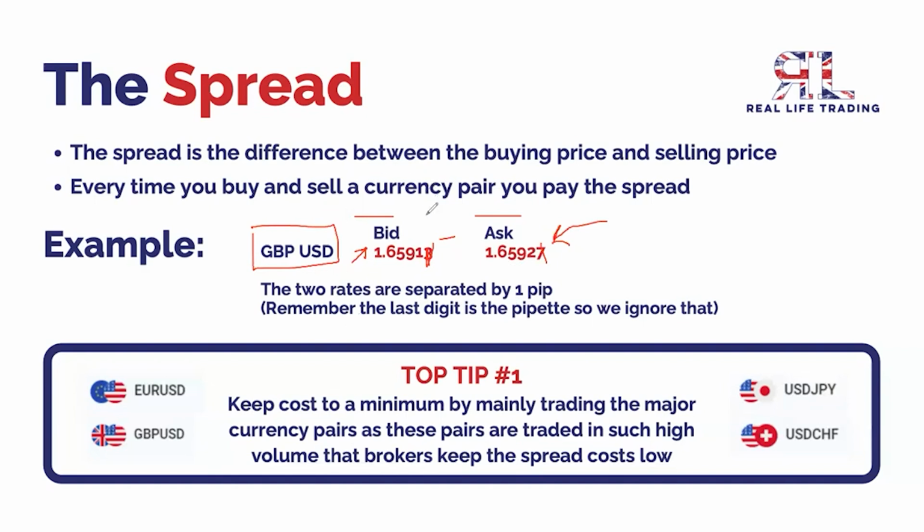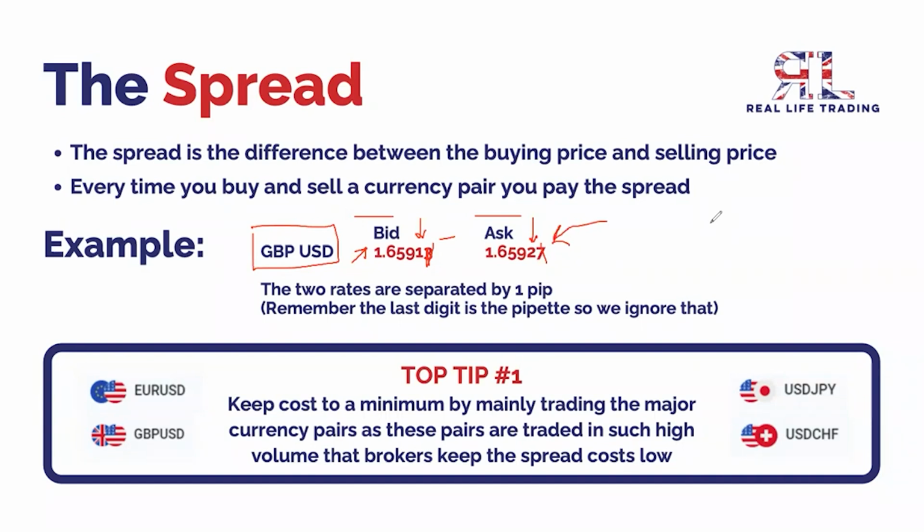We clearly see one is at 591 and this one's at 592. So that's it, simple as possible. Separated by 1 pip. So to take this trade, either way, you will pay 1 pip to your broker. Does that make sense? Perfect.